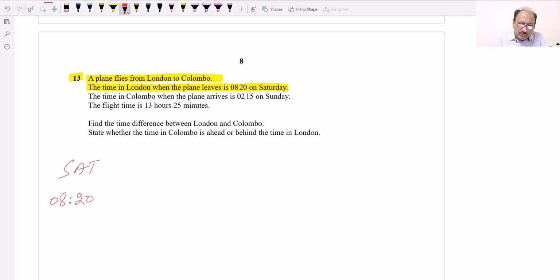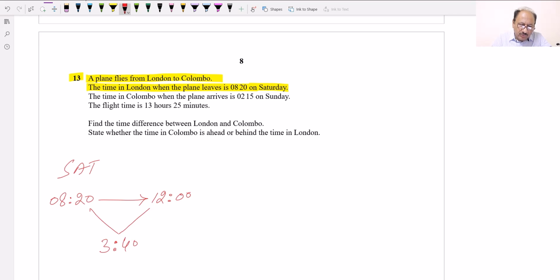So 8:20 will be in the morning, and from 8:20 till 12 noon, this will be 12 noon, and how much time will be in between? This will be a 3 hours and 40 minutes duration.